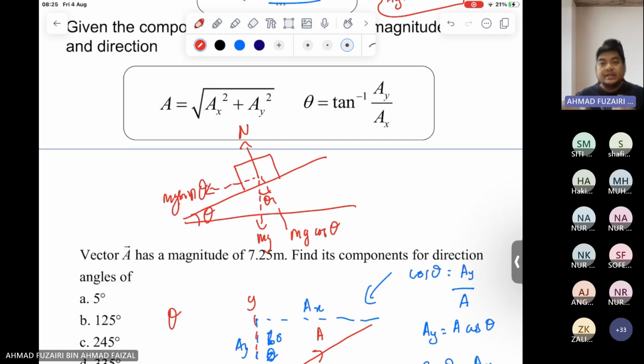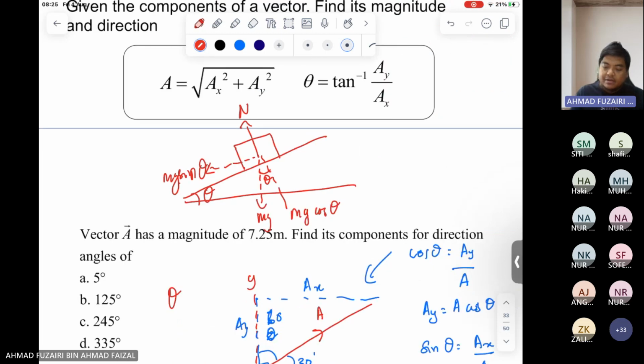So daripada situ kita akan belajar kenapa dia cos. Kalau kita confuse, the easiest way to understand that is kita letak value.